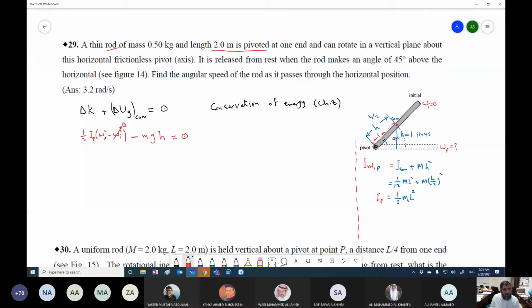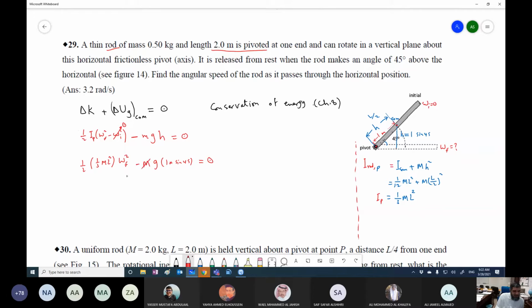M is half a kg and L is 2 meters. So we write 1/2 multiplied by 1/3 mL square multiplied by omega final squared, minus Mgh, which is 1 sine 45. All of this is equal to 0.